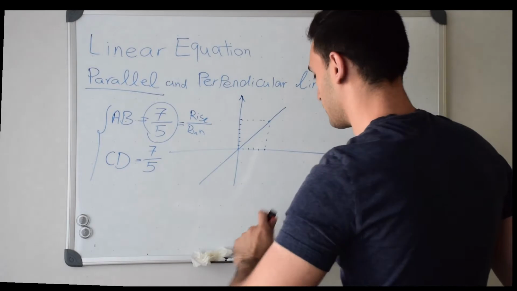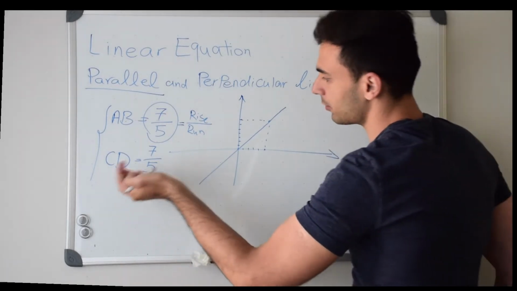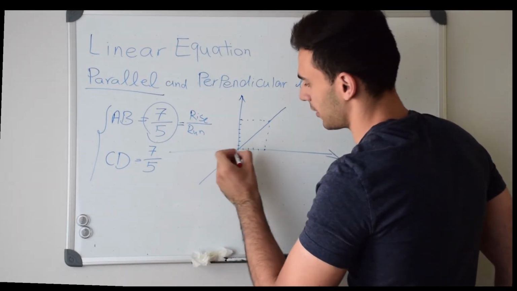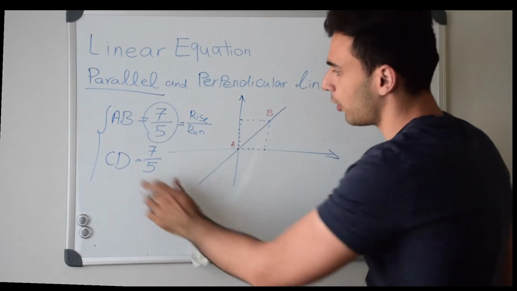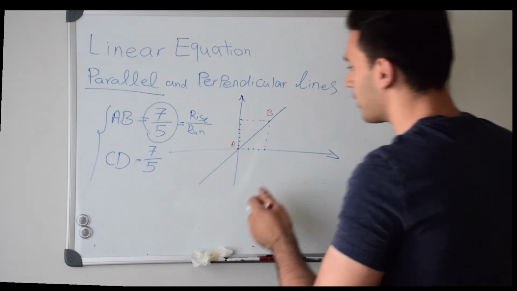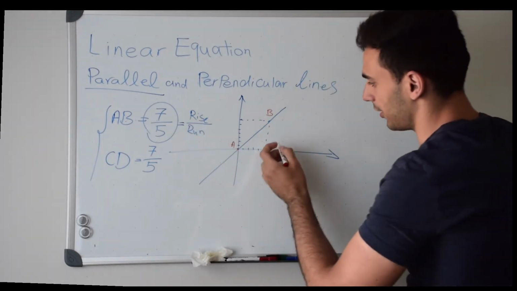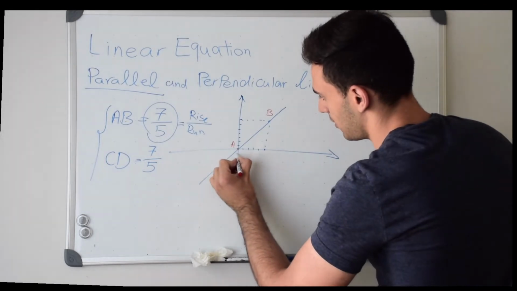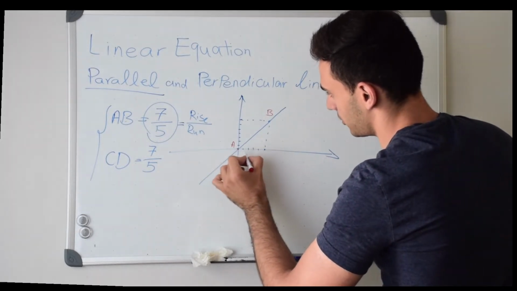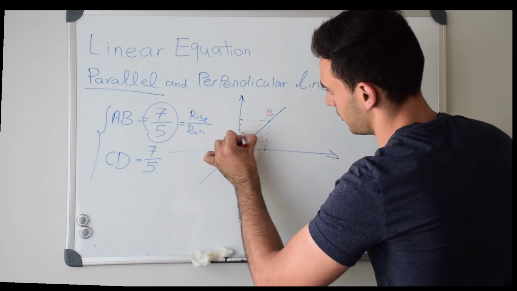This is again AB. What will be the second line? CD. I'm going to draw a new line here, and I'm going to start from this point.